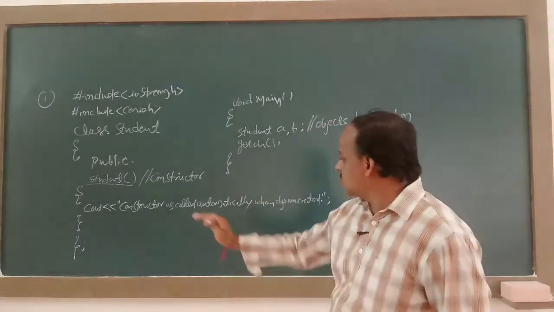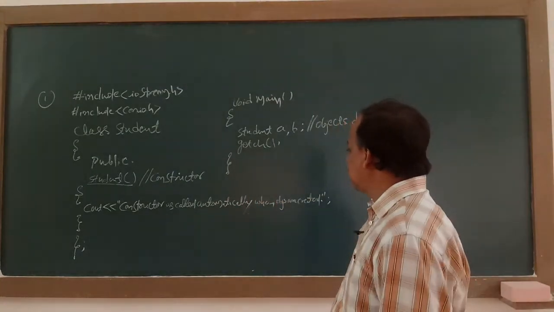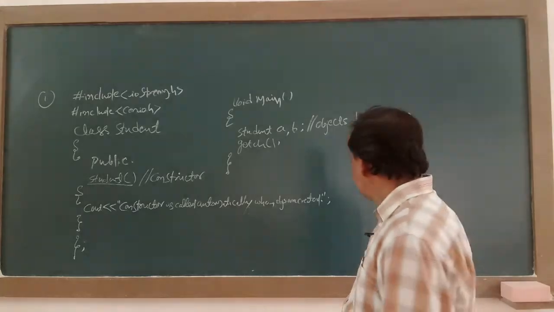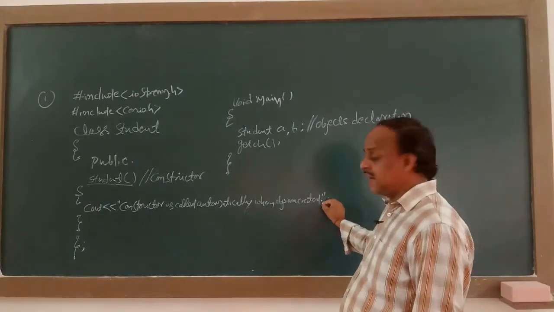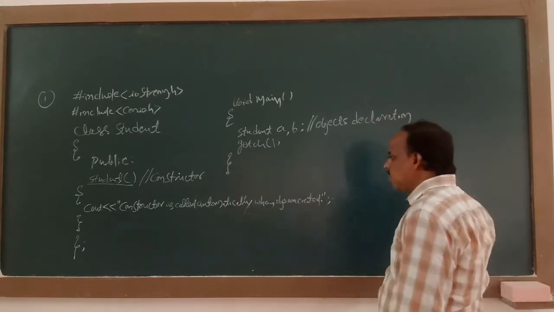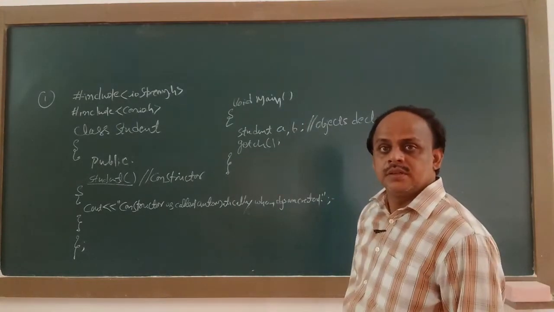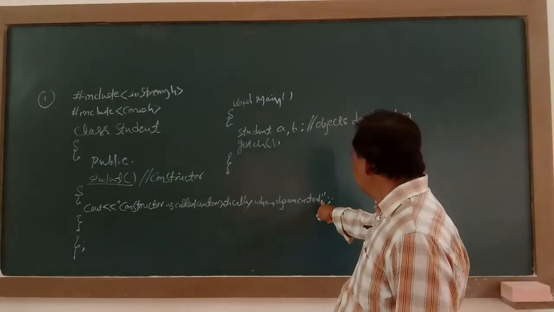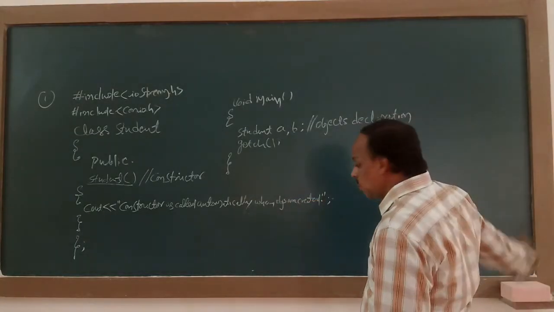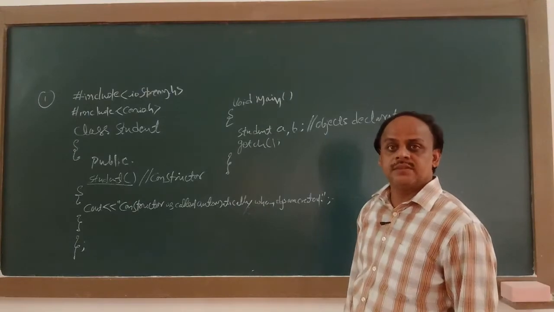That is, constructor is called automatically when objects are created. This sentence prints, and once again for object B the same sentence is printed. We have not written backslash n here, therefore the same sentence is printed twice horizontally.